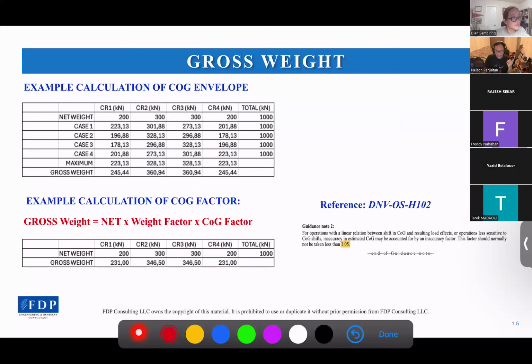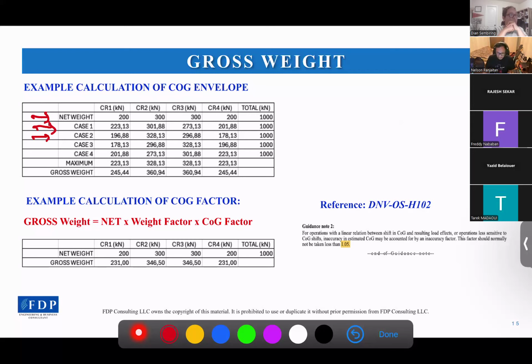After that, we continue to get the crane's reaction based on each COG's location. Remember, we now have 5 cases that should be checked here. The net weight here is the crane reaction due to the original COG. And then case 1 is the reaction due to COG1. Case 2, reaction due to COG2, and so on.